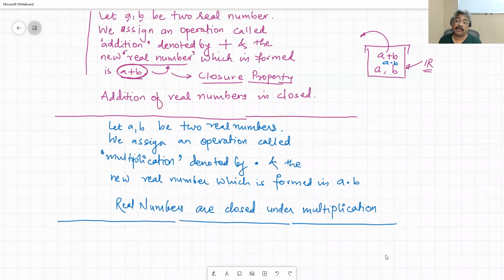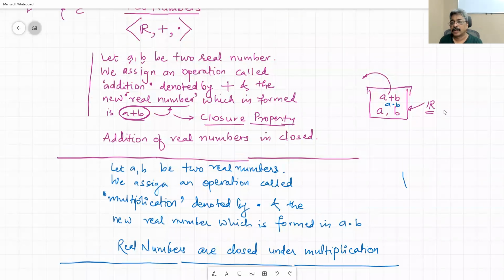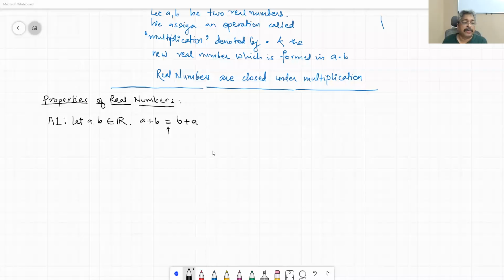And naturally, if we are processing two real numbers, we are supposed to get a new real number. Therefore, we assume them to be closed. Now, you can take this down in your notes because this is not the part of what I want you to remember. You have to remind me about recording.